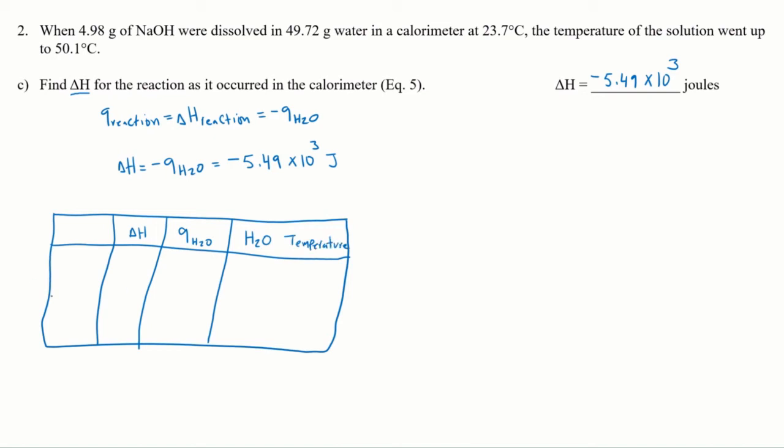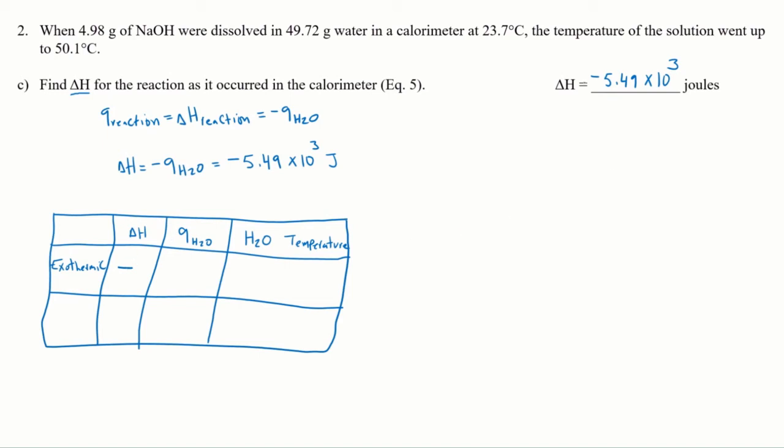If we have an exothermic process like we have in this problem, we'll see that delta H will be negative. That's what we obtained in part C of this problem.